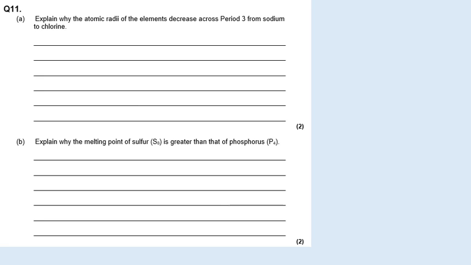Explain why the melting point of sulfur is greater than that of phosphorus. So we're going to identify first of all that the forces of attraction between sulfur and phosphorus are both van der Waals. However, sulfur will have greater van der Waals because sulfur is a bigger molecule with more electrons, so it will have stronger van der Waals forces.